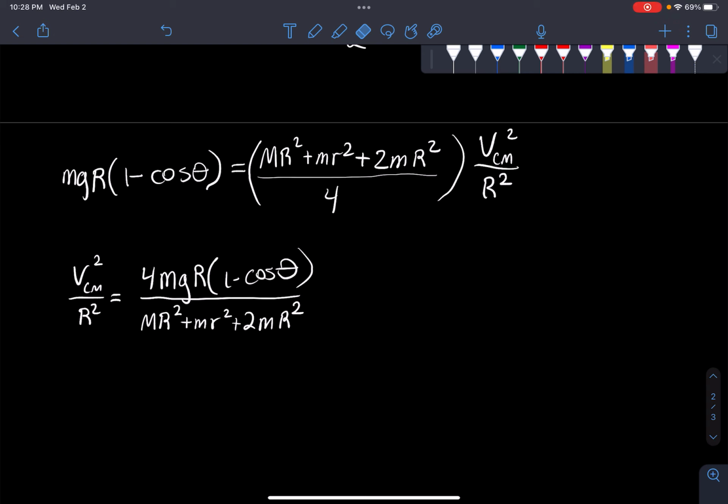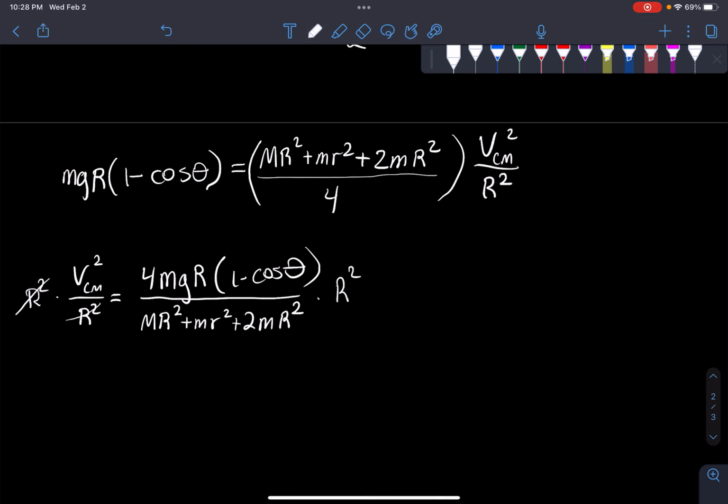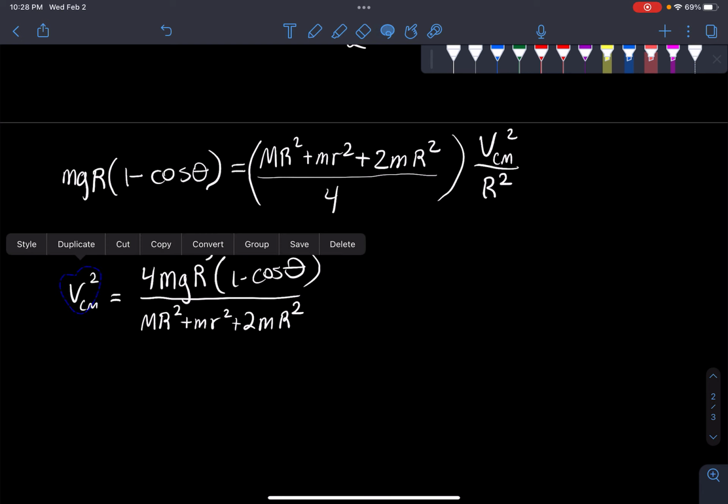And then if I multiply by r squared here, those cancel. But then I have to multiply by r squared here, which makes this r get cubed. So that's me multiplying by r squared on both sides without having to rewrite it.